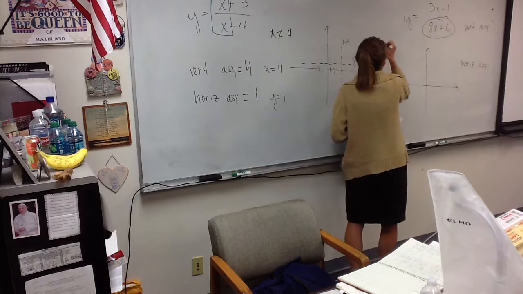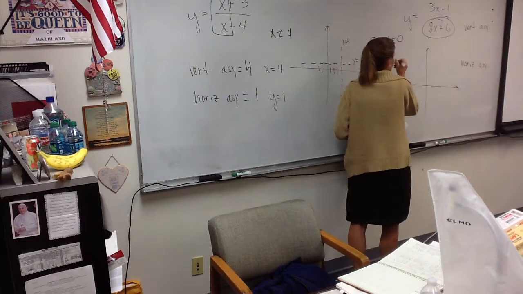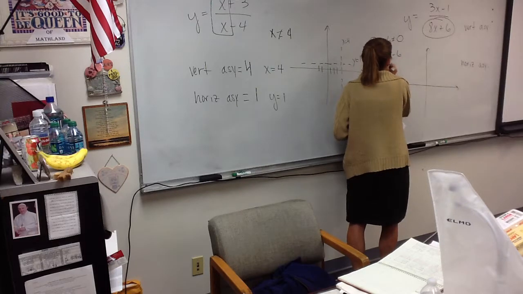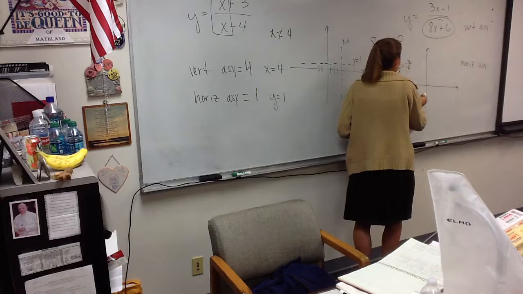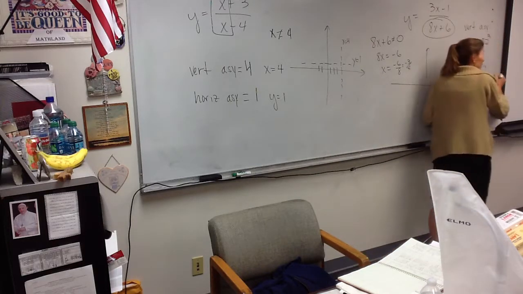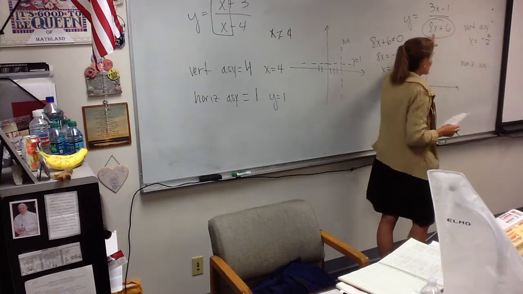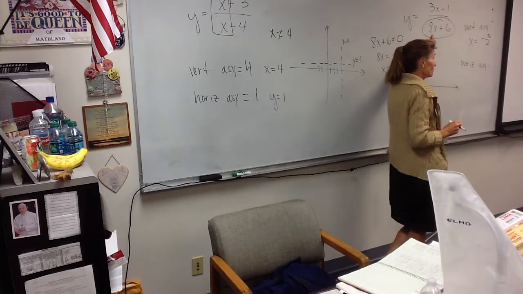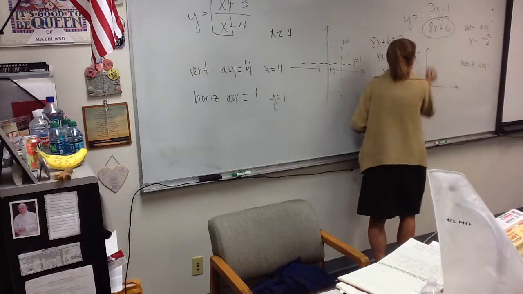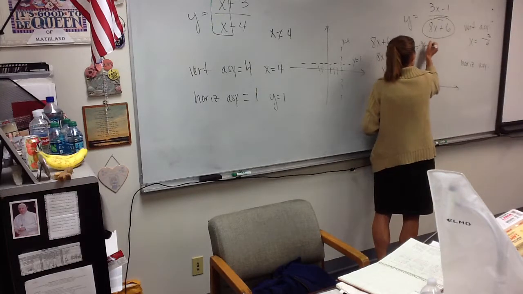And what would make that equal 0? Negative 6/8, negative 3/4. So I have a vertical asymptote at x equals negative 3/4. That's what would make this 0. So my vertical asymptote is x equals negative 3/4.